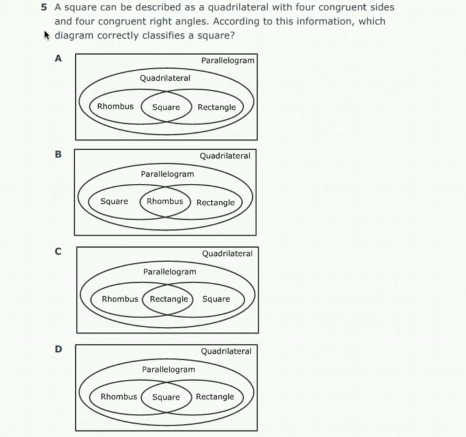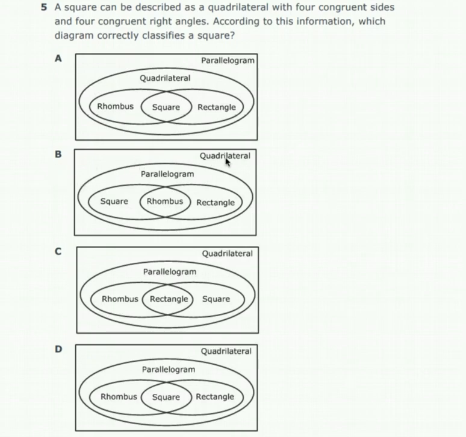Question 5. A square can be described as a quadrilateral with 4 congruent sides and 4 congruent right angles. According to this information, which diagram correctly classifies a square? A. Parallelogram, quadrilateral, rhombus, square, rectangle.